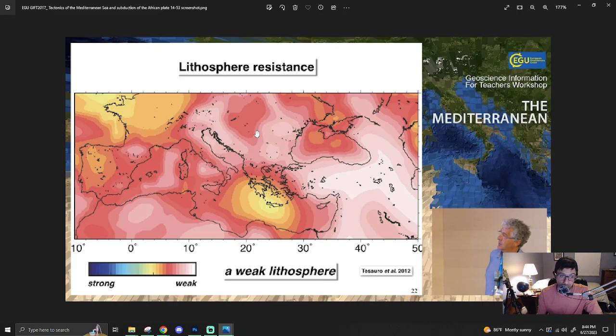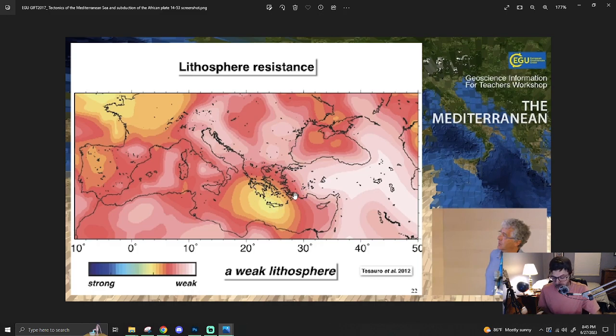What about this? Weak lithosphere. There's stronger lithosphere that oddly is centered, not over top of Greece, but it's centered at the tip of it, like a separation, a separator, some connection that this eddy here.